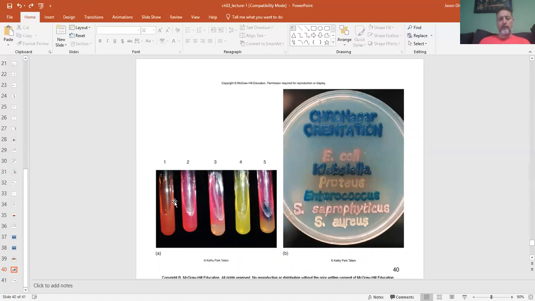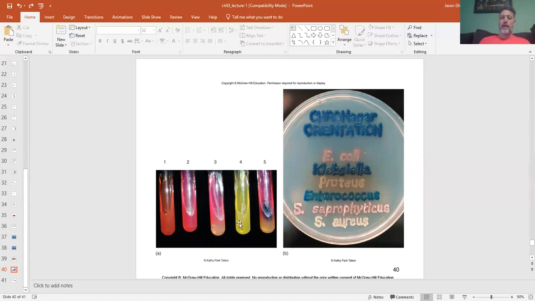Down here in these tubes, you have triple sugar iron agar. So they have three different types of sugars plus an iron in it. This first tube has no growth in it. This second tube has some growth, but there's no acid production. And the third one here, you see some acid production at what we call the butt of the tube. It's changing color.